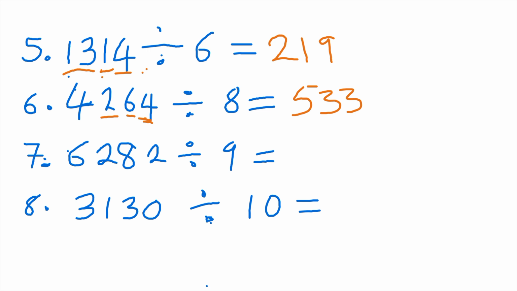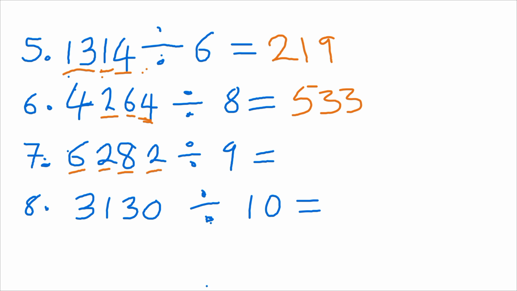And then the next one, how do you know if a number is divisible by 9? What you just simply need to do is to add the sum of its digits. And if it is divisible by 9, then you know that that number is divisible by 9. So let's add these digits now. 6 plus 2 is 8. 8 plus 8, 16. 16 plus 2, 18.